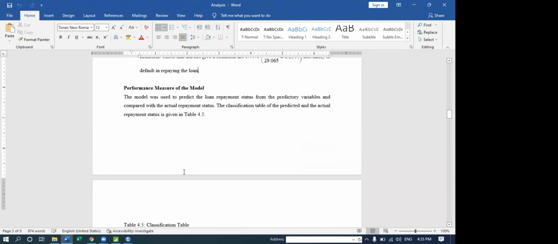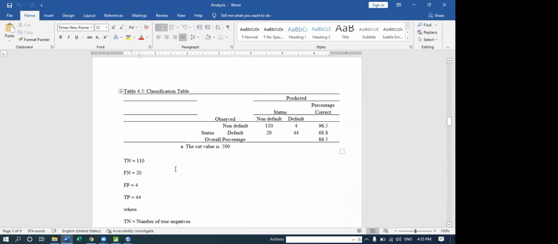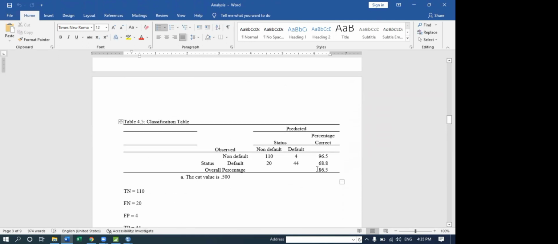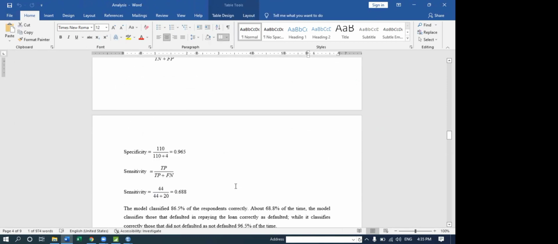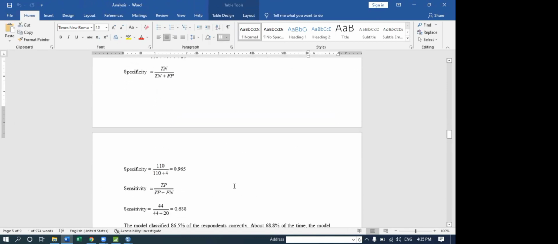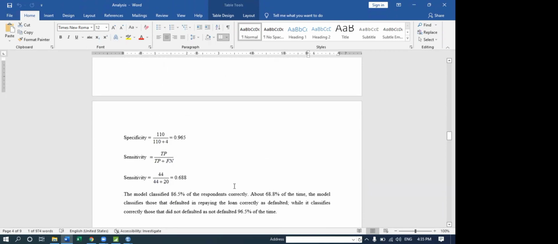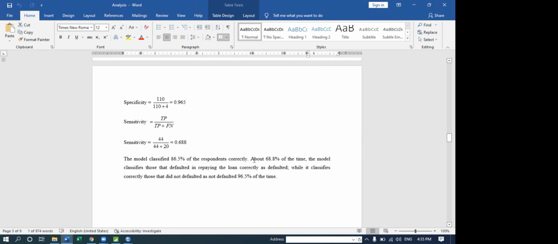Then the last thing, I will still show us another example. The last thing is the performance of the model. We talk about the performance of the model. All these are not important. Most times I just interpret only the percentage. You can only interpret the percentage, and that's all. If you want to read it, you read it, but the only thing I will teach here for this class is to interpret only the percentage.